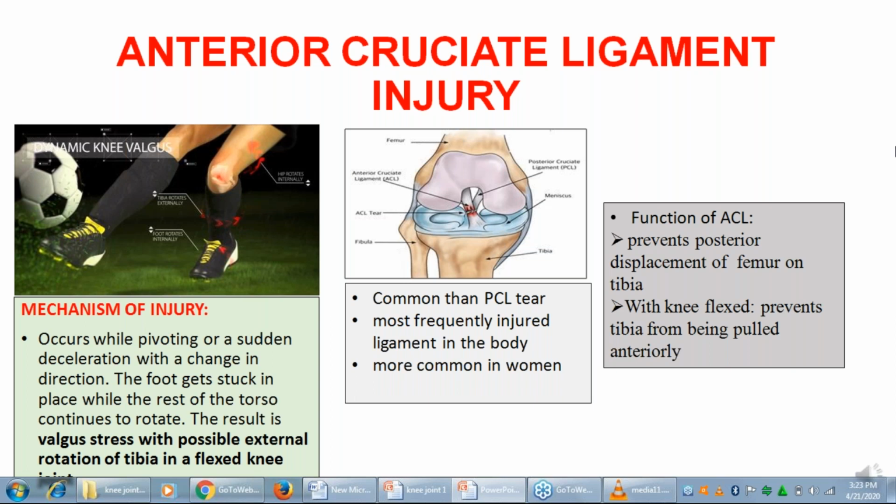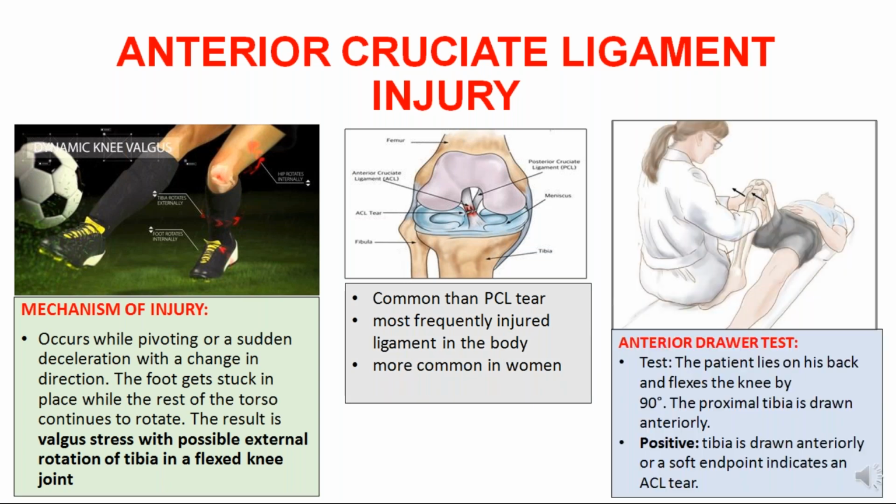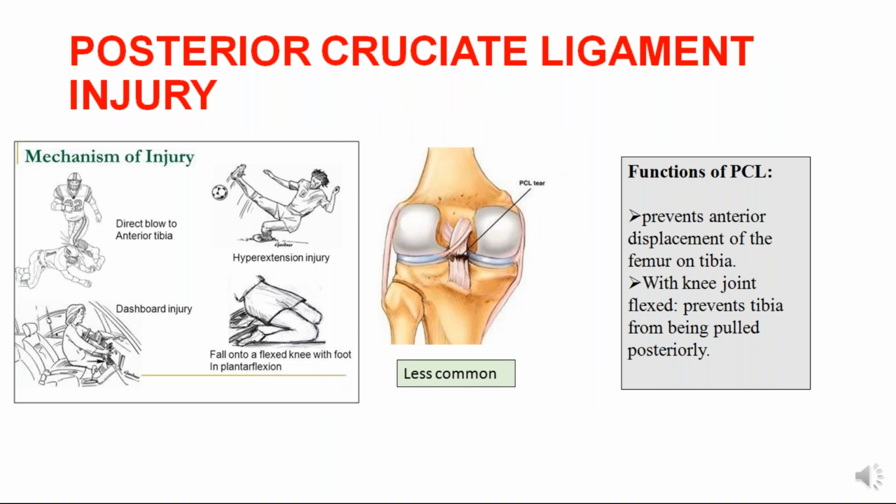Now coming to posterior cruciate ligament injury. They are less common as compared to anterior cruciate injury. The posterior cruciate ligament, remember, arises from the posterior most part of the intercondylar area, and it inserts to the medial condyle of the femur onto its anterior part along its lateral surface.